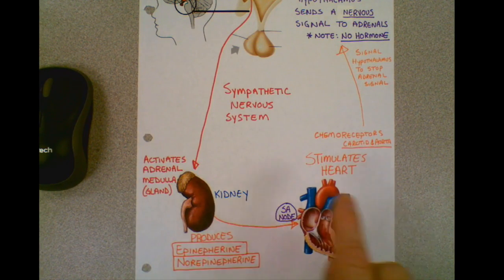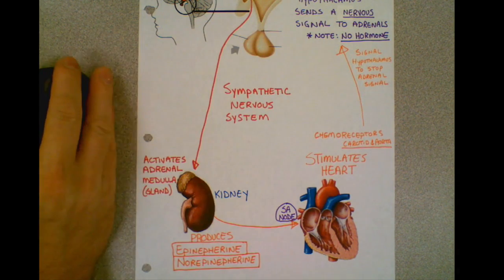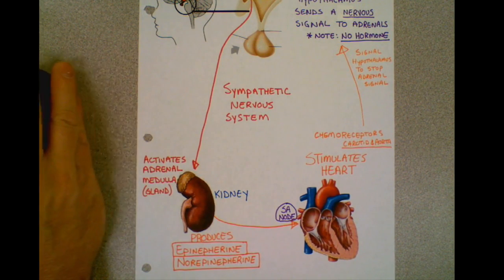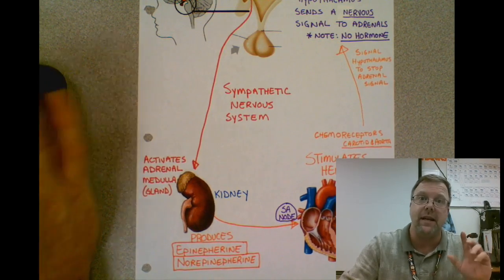And then it's going to take a few minutes to shut that hormone off and then break it down in the liver and recycle it so it's no longer in our bloodstream. And so these are the two regulatory processes, all right? So that takes care of handouts 20D and 20E.